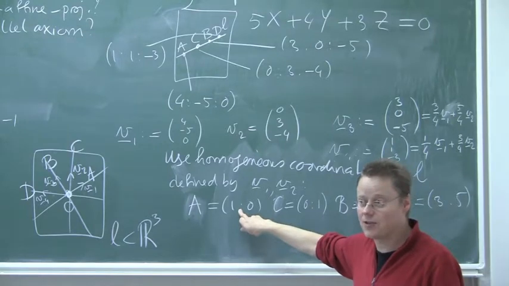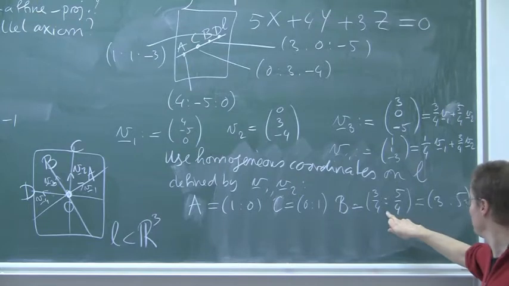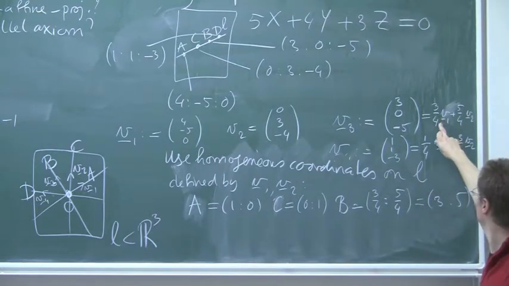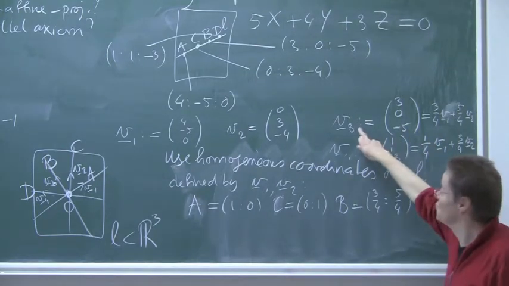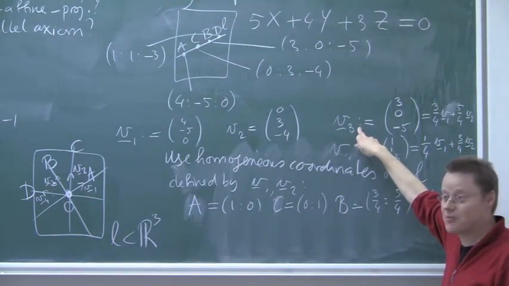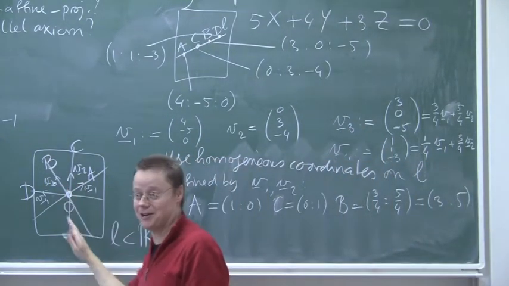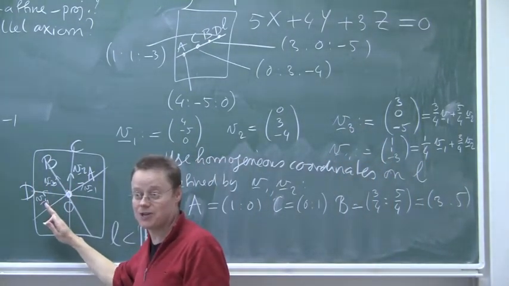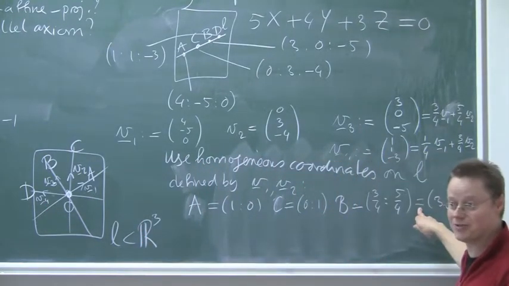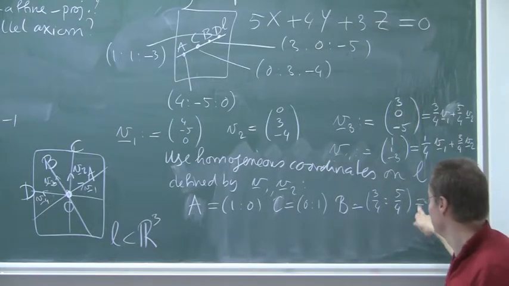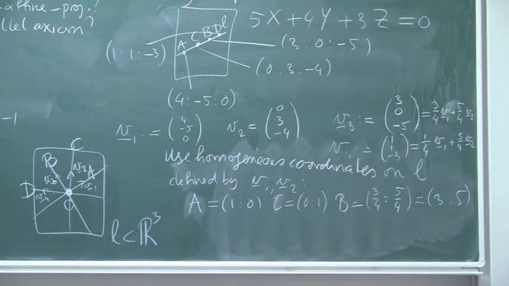I am only interested in the ratio. For example, if I multiply both numbers here by 4, I get a vector which is 4 times this vector. It's a different vector in this plane, but it's the same line. And we are talking about projective points which are lines. So now we are talking projectively. Okay. So that's D.